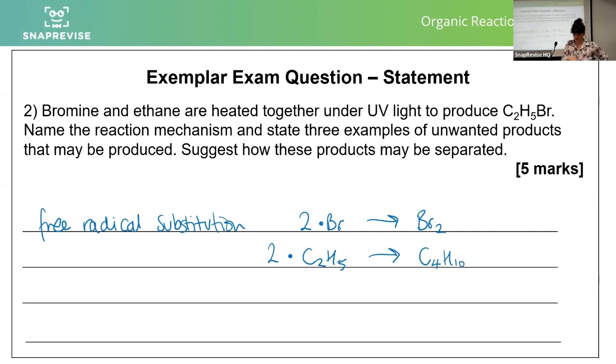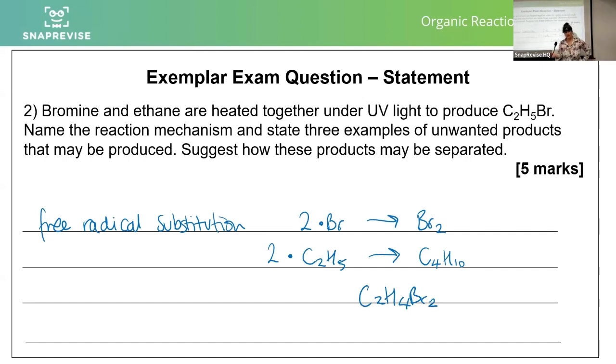I've given the equations to help us understand it. They haven't asked for them. They've just asked for the unwanted products. So that's that one and that one. And then what about if I had a double substitution, C2H4Br2? That's also an unwanted side product that could be formed. There are quite a few answers you could have given here. That's just an example of some of them.